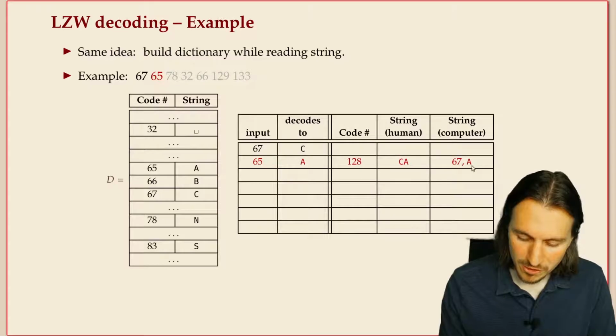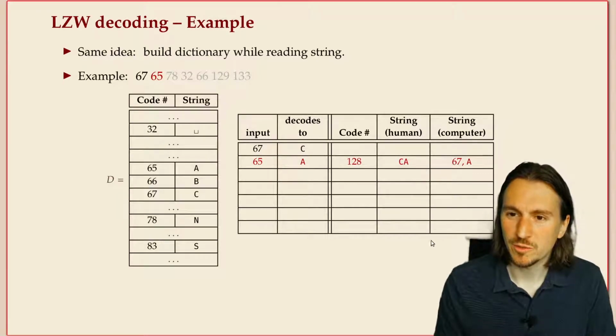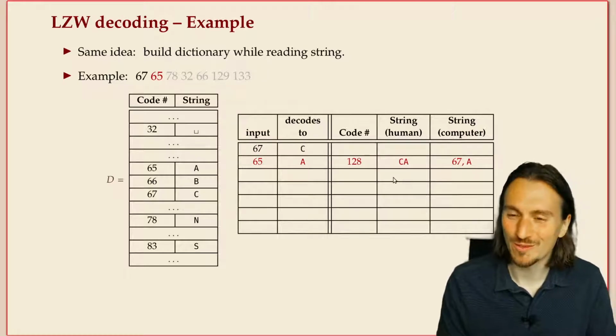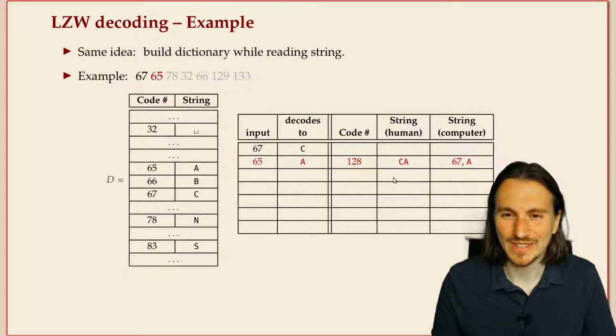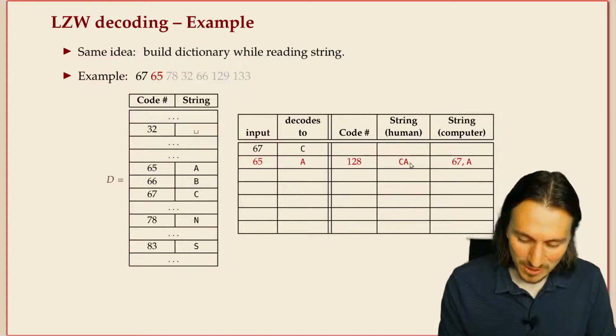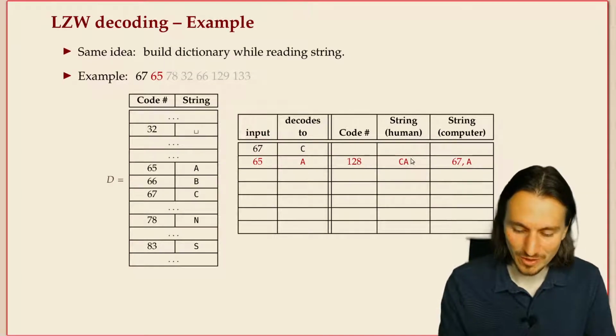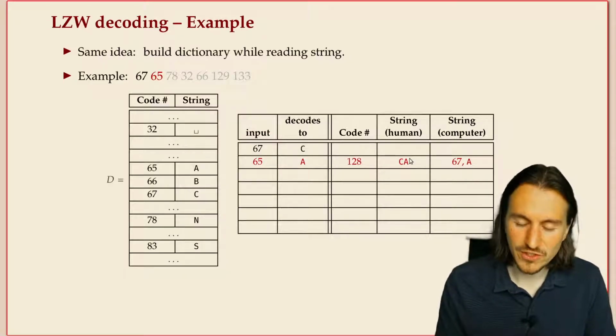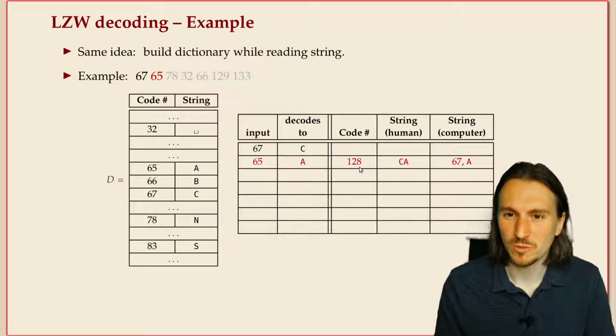And well, in the computer, it would be stored like this because we only have to represent the code word for this potentially long repeated thing. In this case, it's a single character, so it doesn't matter much, but just for completeness. But it's enough for us now to focus on this column. So we've added a new phrase to the dictionary and assigned it the next free code word 128.